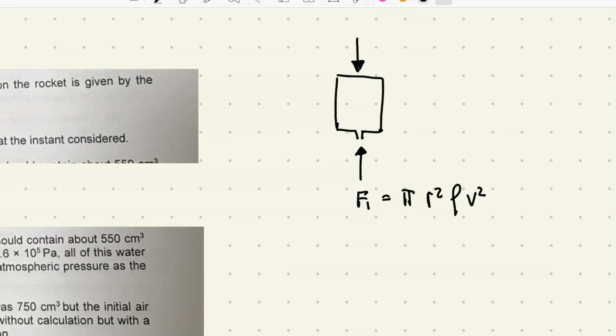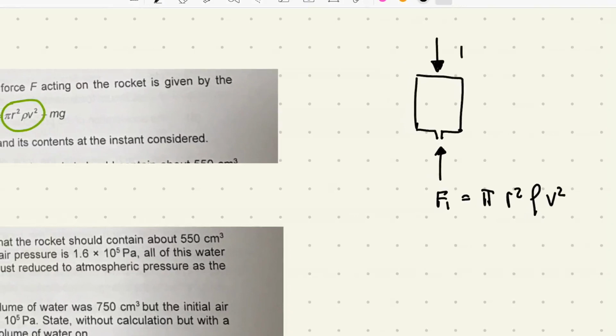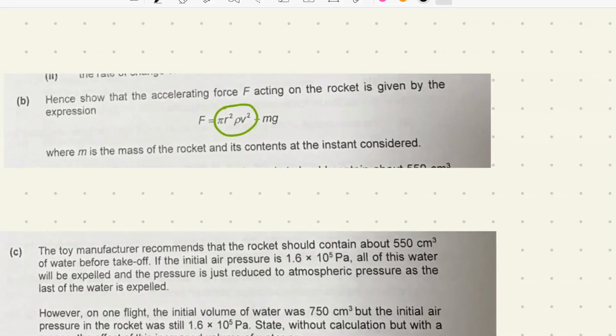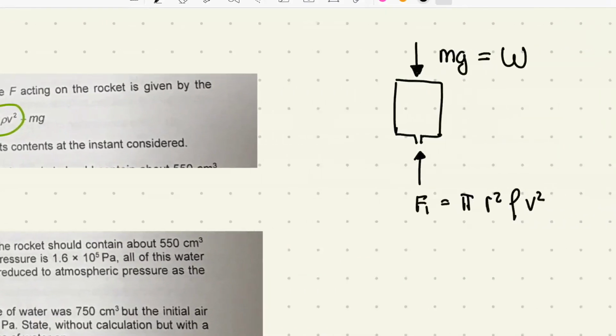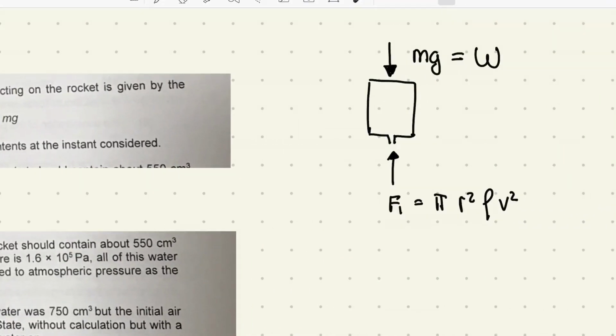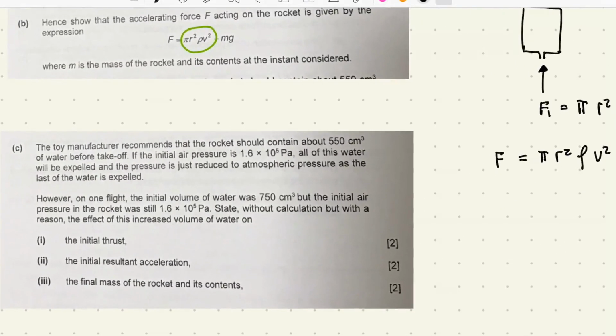Then there's a downward force called mg, which is the weight. The accelerating force at the instant. The m is changing, so it's a variable. Then the resultant force is just πr²ρv² minus mg. That's very simple.